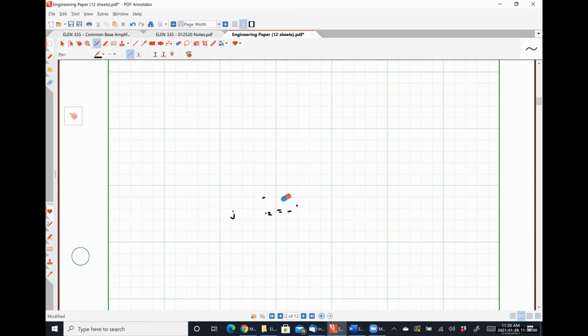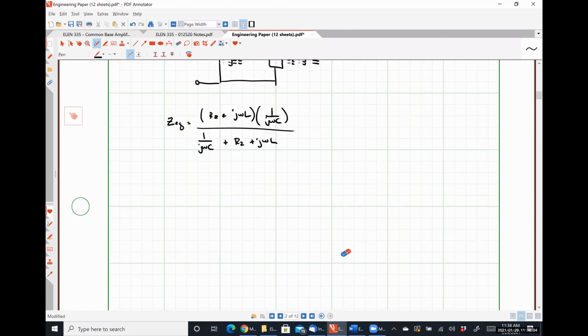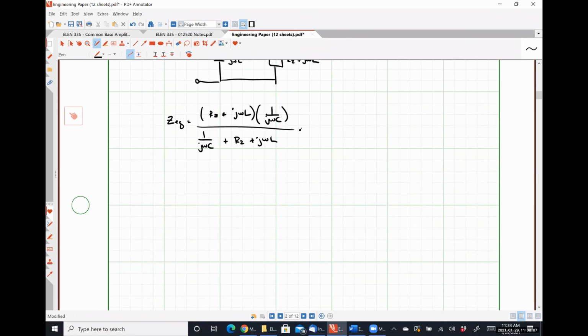So once I finish erasing all this, let's go back up here a little bit. How I might approach this from this point, and it's been a couple of years since I solved this, so I'm just spitballing here. The first thing I might do is multiply by a factor of j omega C over j omega C to get rid of the fractions inside my fractions.